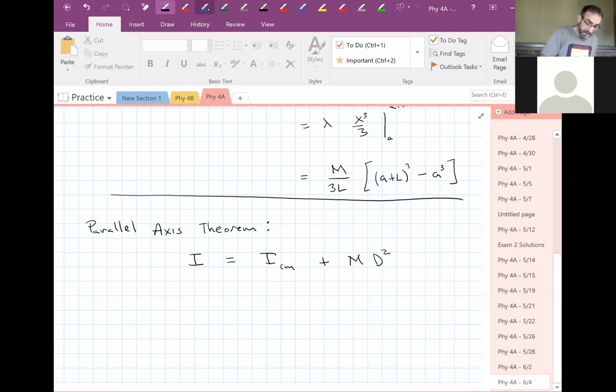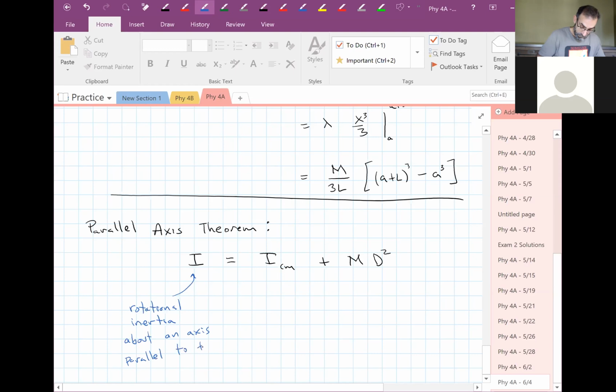This is the rotational inertia about an axis parallel to the center of mass axis.